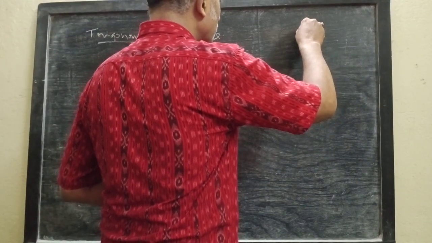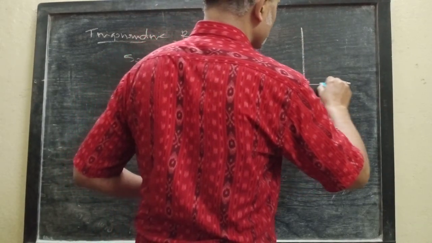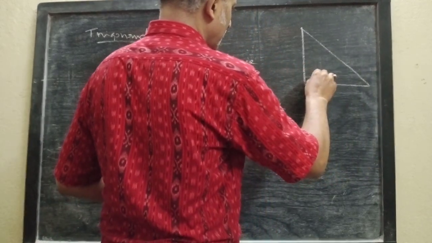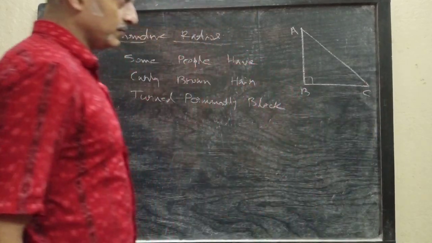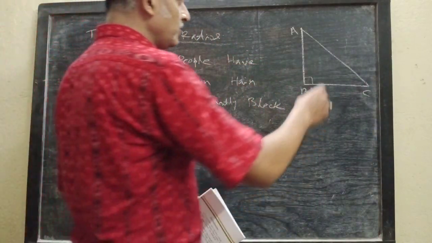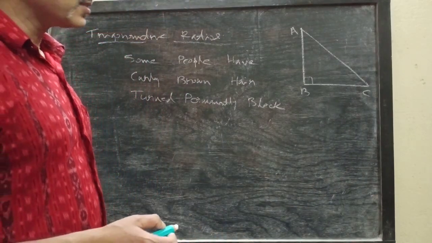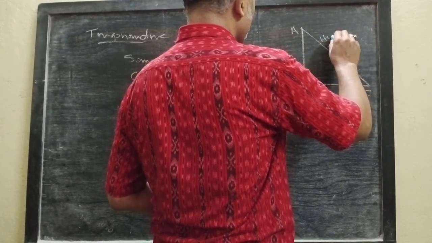Suppose we have a right triangle ABC, right angle at B. Now we know from our childhood that the side opposite to the right angle is called the hypotenuse. So here AC is our hypotenuse.